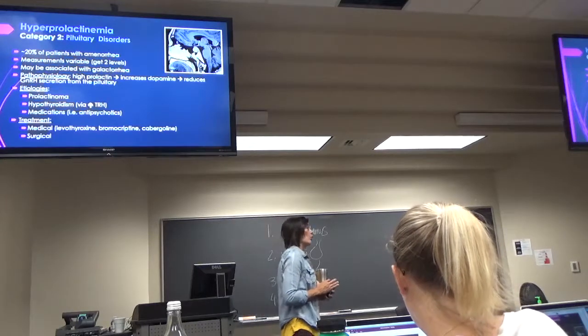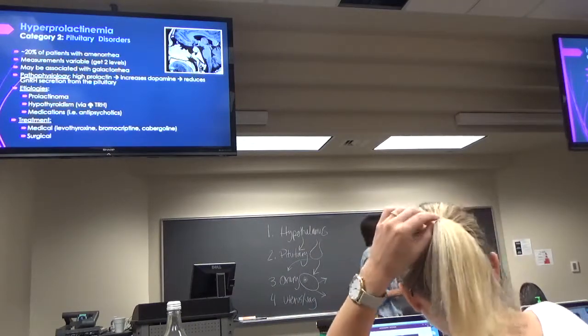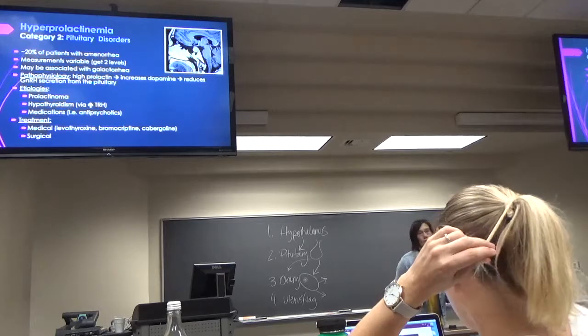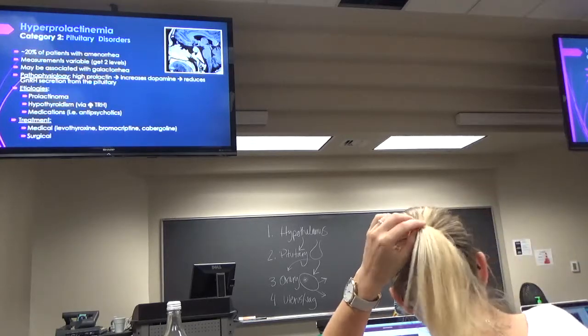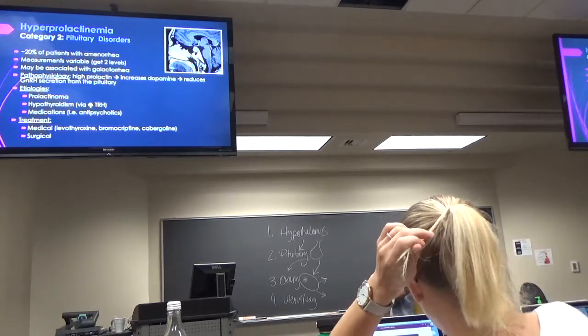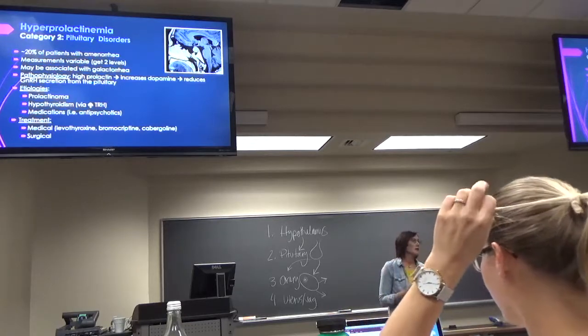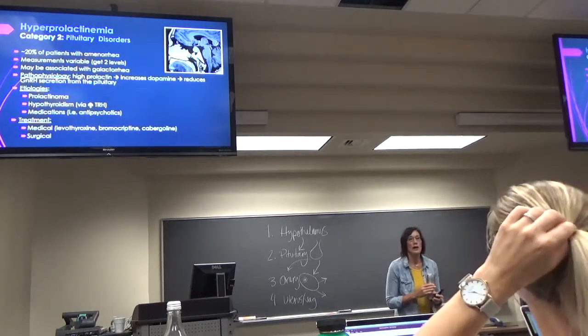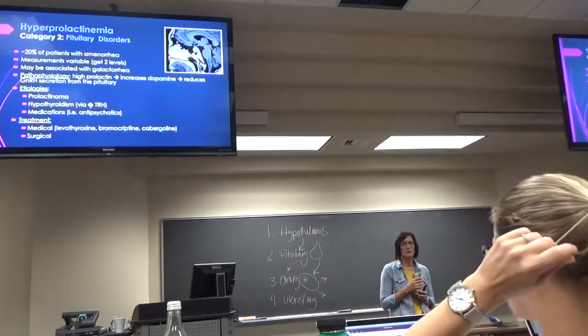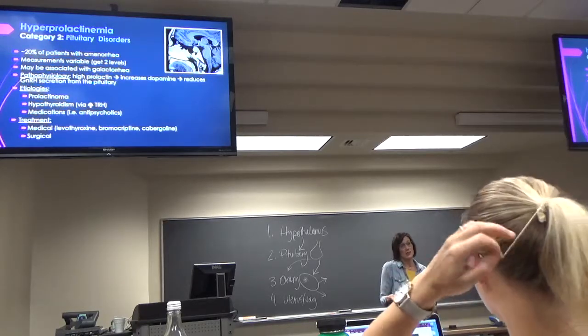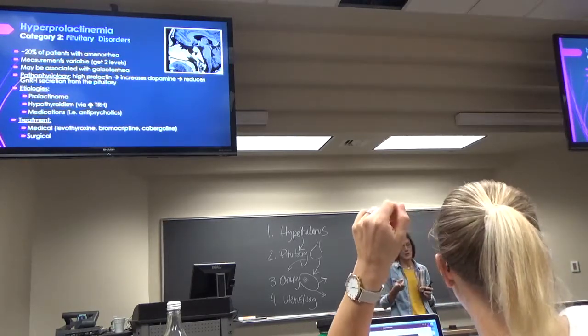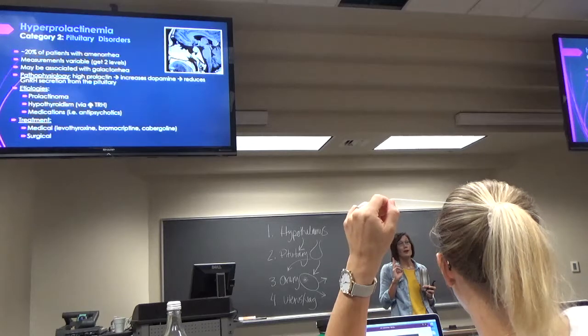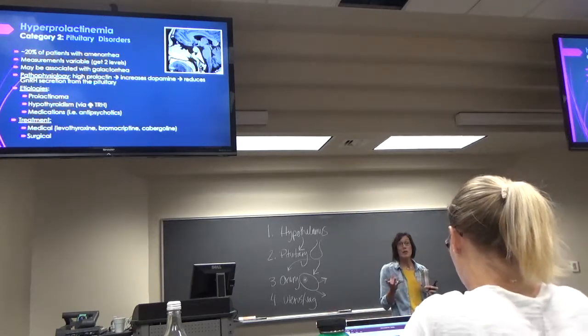So what your first thing you're going to do, because you're such a good history taker, you wrote down all of the medicines the patient is currently taking. What medicines cause elevated prolactin levels? Did you guys talk about this in endo? Ones that cause galactorrhea. Reglan, metoclopramide.